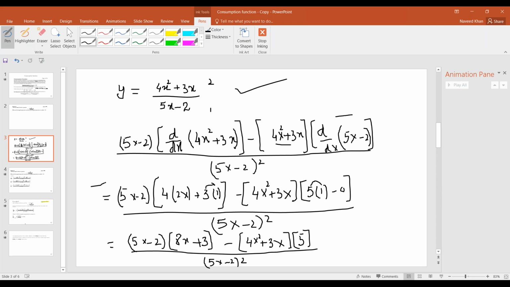Now here in this step, 5x minus 2 will come down, so we will take derivative of the second function, so its derivative will become 4 into 2x, and derivative of 3x will become 3, similarly 4x power 2 plus 3x, and then we will take derivative of 5 into 1 minus 0. This is a simple example.